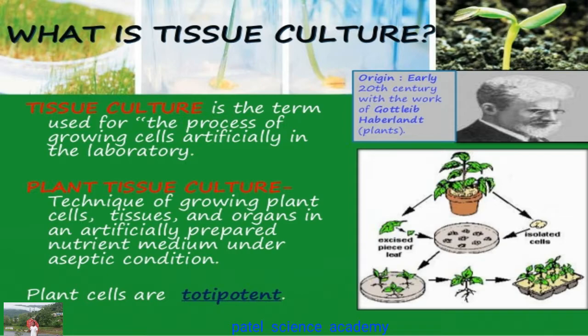The part of the plant used in tissue culture, which is going to be converted into the whole plant, is called the explant.